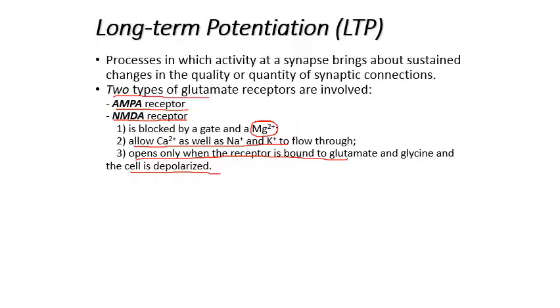And we'll see why we have to have both binding of the receptor to glutamate and also have the cell depolarized. But when this all takes place, we're able to increase the quality and quantity of the synaptic connections, and we'll see what takes place to make this be increased.